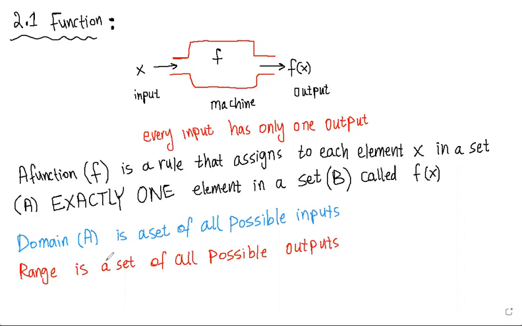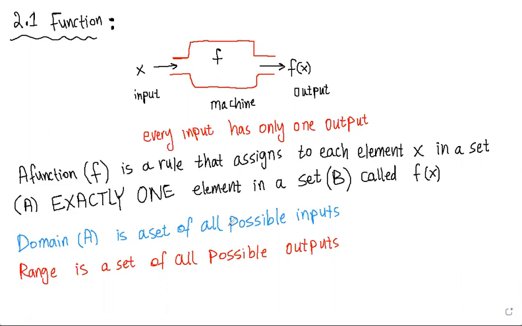Okay. So here I define the definition of function. It's a rule that connects or assigns each element x in a set A exactly one element in a set B. This element is called f of x. I define the domain.